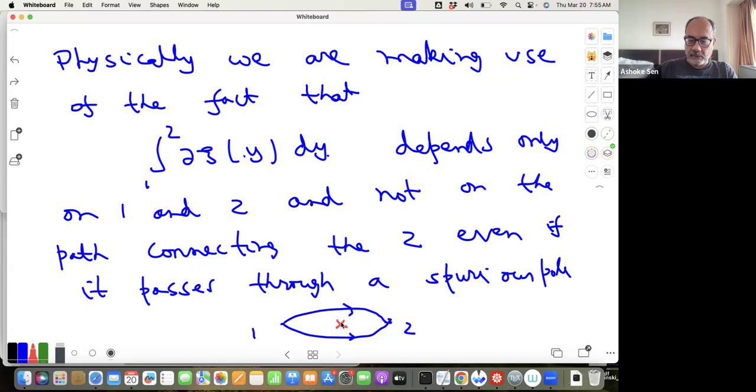But the fact that the xi correlation function exists, and the only singularities are poles, means that the integral of this doesn't depend on which contour you choose. In other words, the fact that it's a derivative of something means that the poles of del xi are always double poles. There is no single pole; the residue at this point is 0. That's basically what you are making use of. Is this clear?